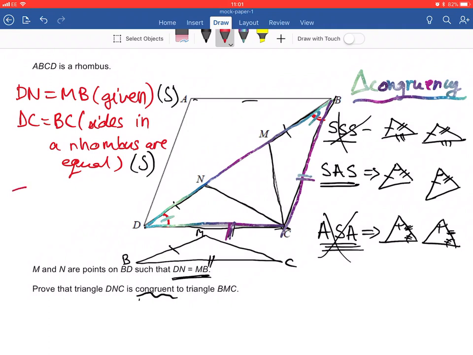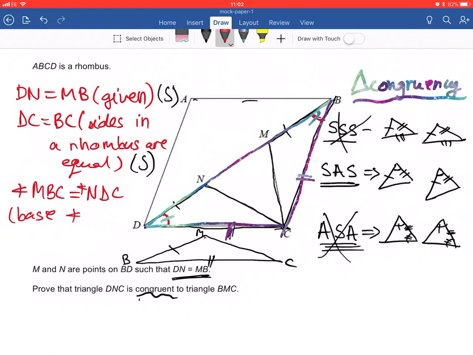So we can say that angle MBC is equal to angle NDC, and that happens because base angles in isosceles triangles are equal.